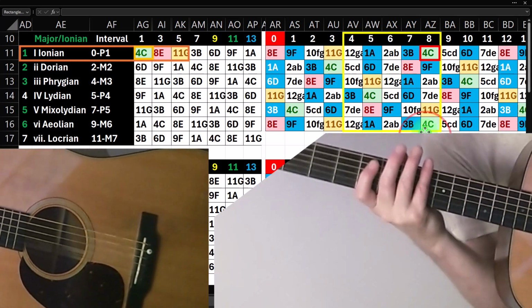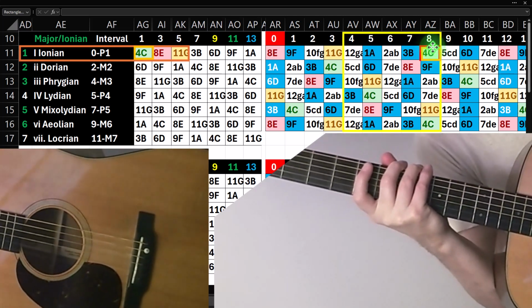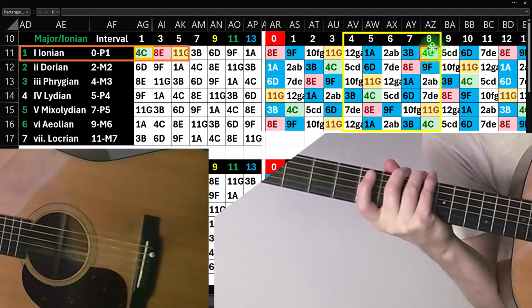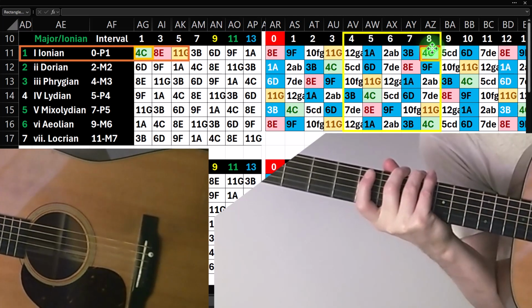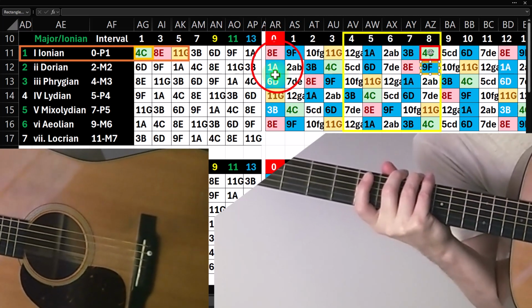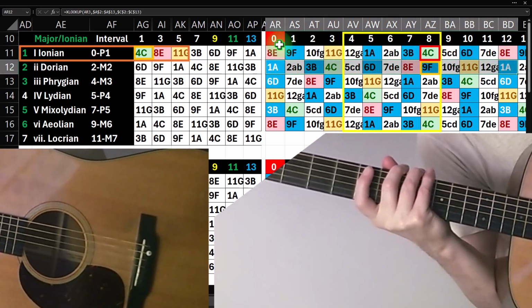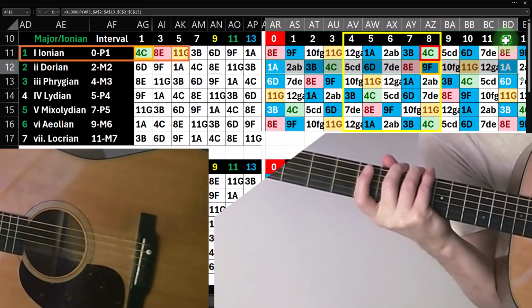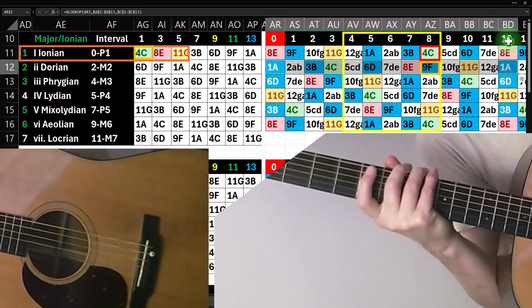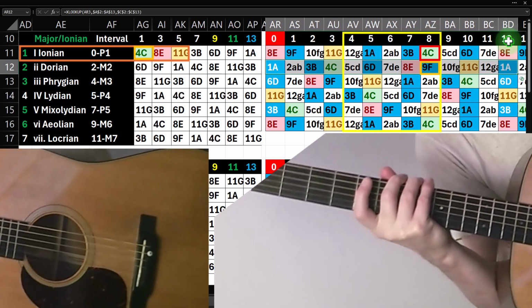And the objective is going to be, I'll start with the 0 interval. So we'll look at the octaves, and we'll look at it on each string. So on each string, each interval from this position, from frets 0 to 12, there's only going to be one note for each of the intervals.